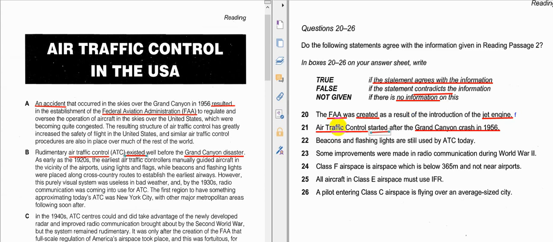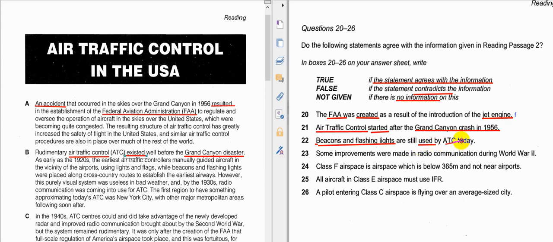Next thing, we go to question number 22. Okay, so here we have beacons and flashing lights. I know there are two names, but it's a collective term in this question, I think. So we need to highlight both are still used by ATC today.